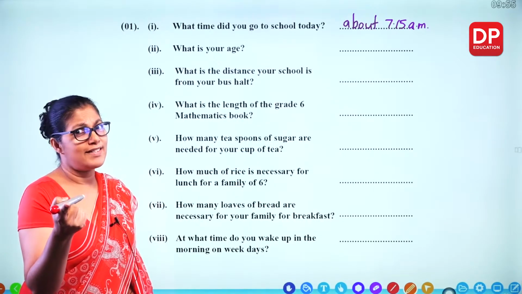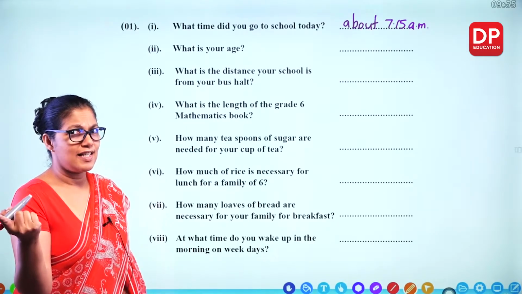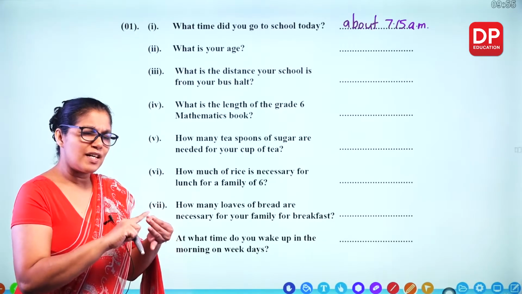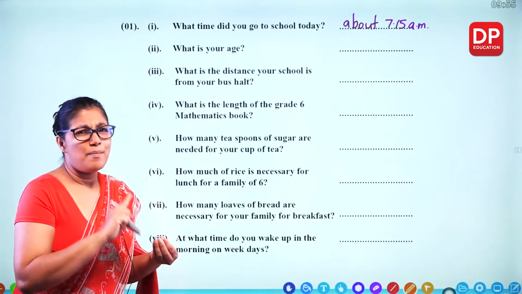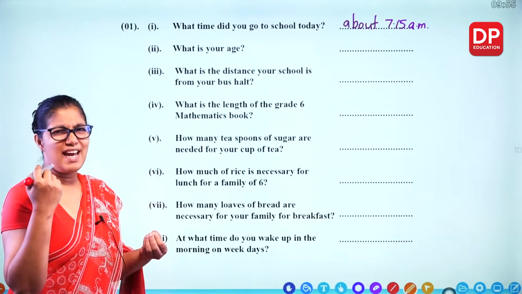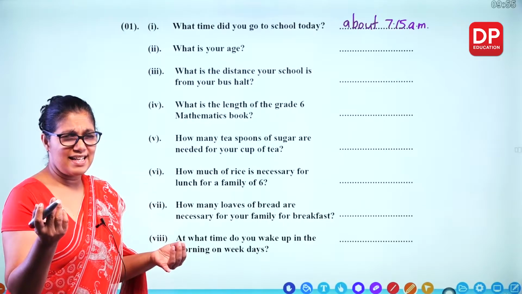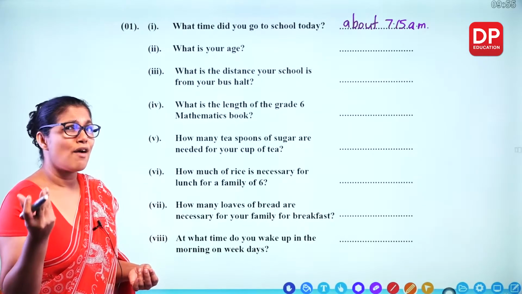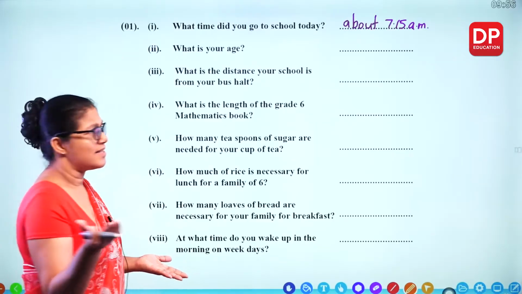You are in grade 6, 11 years. But it's difficult to count and say, I am 11 years, 2 months, how many days? You don't need exactly. So you can say roughly, I am 11 years.